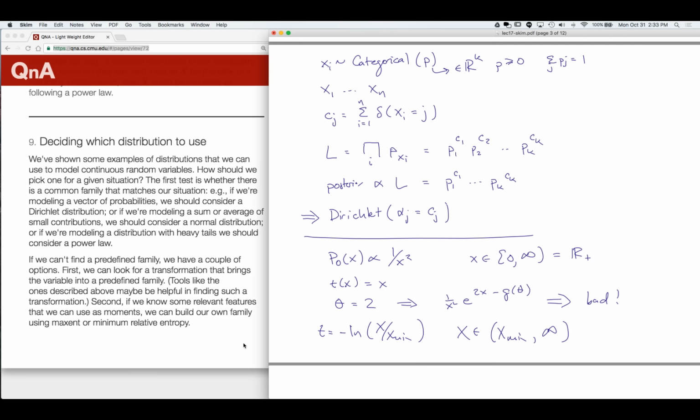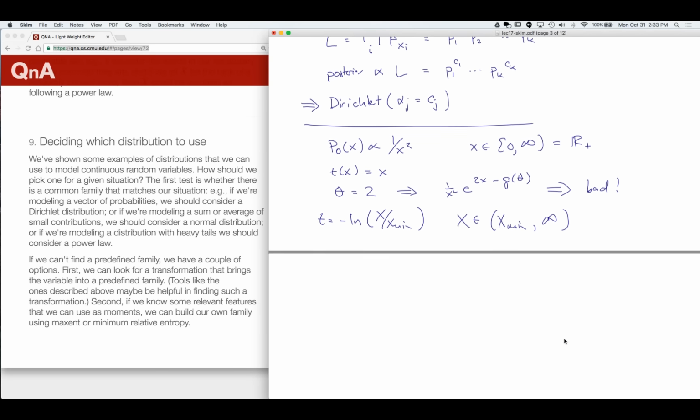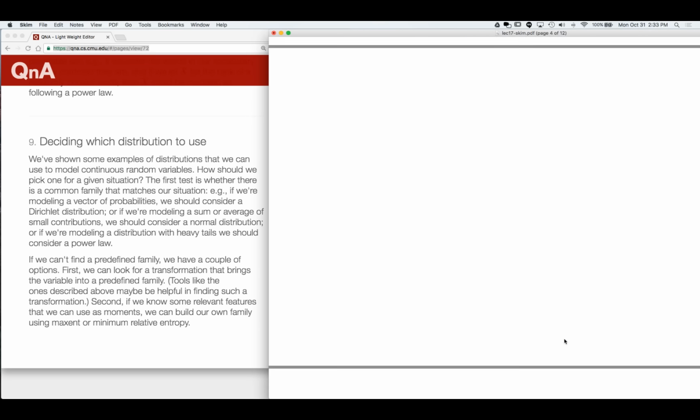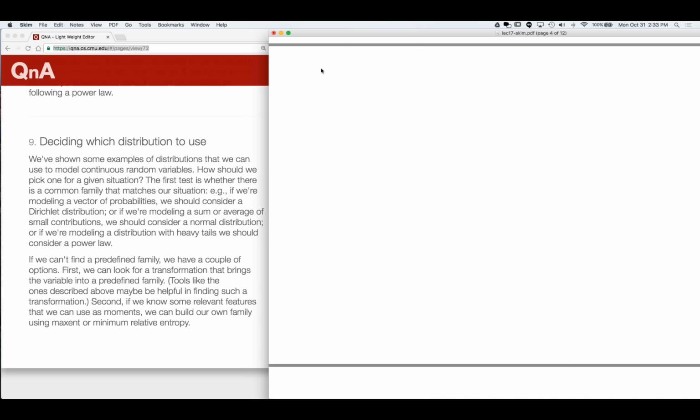So let's say we have a sample, x1 up to xn, right? And we think that they're distributed according to some probability distribution p of x.